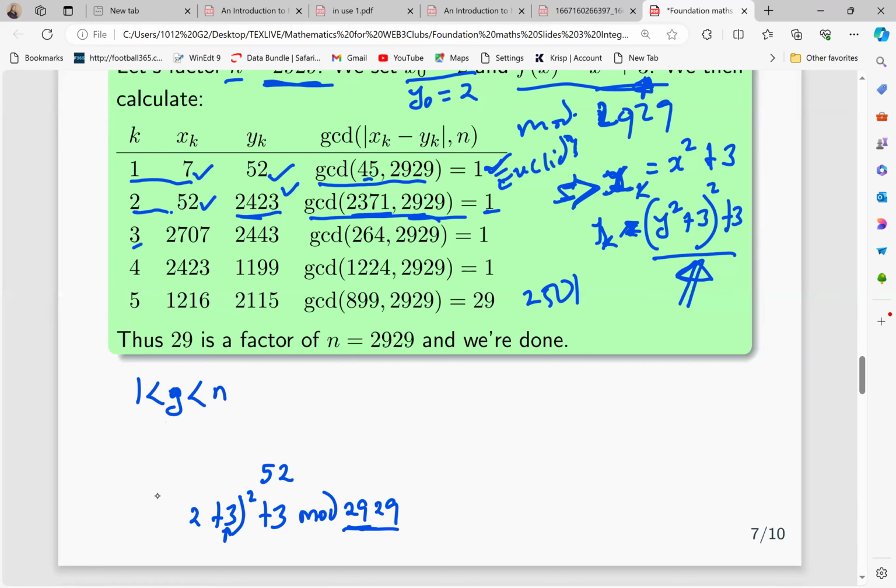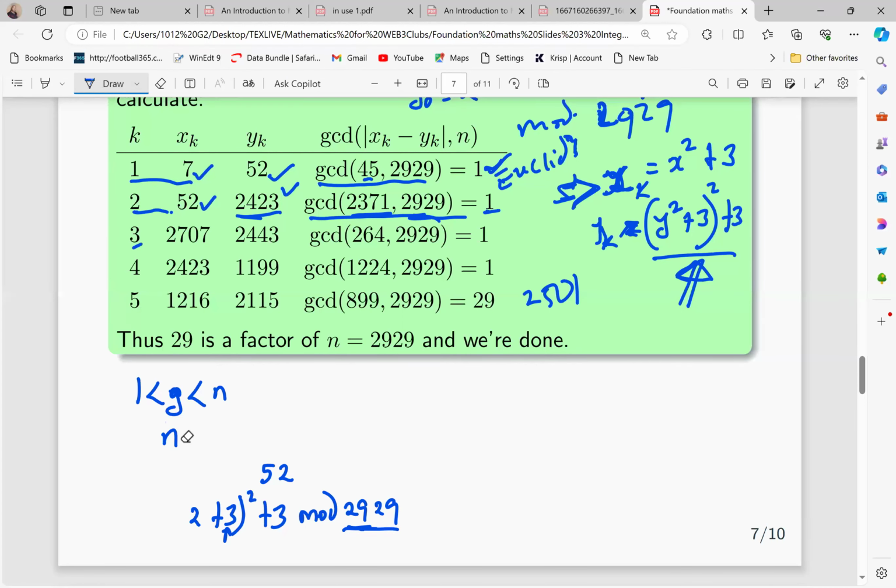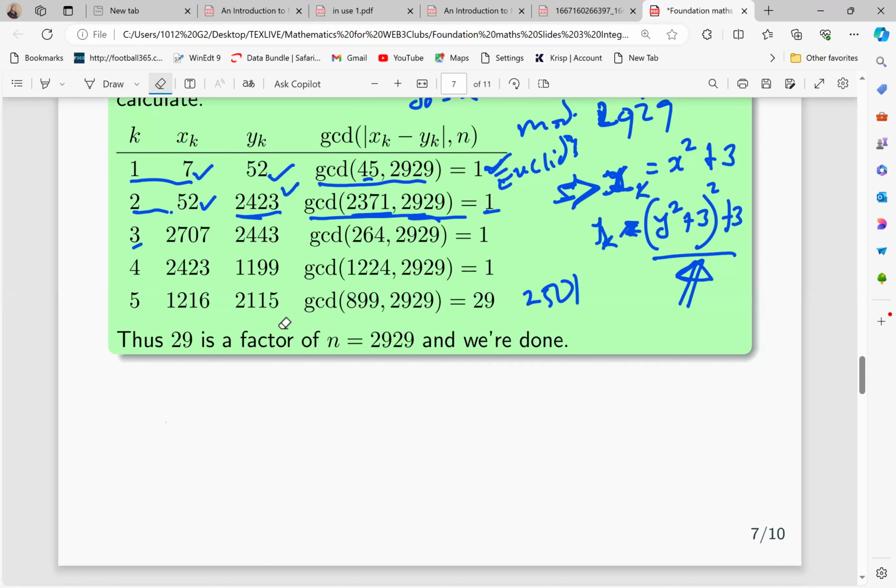If we find that the value we get is n, it means we begin afresh, setting our initial conditions properly, because the program will have failed. So we found our GCD to be 1. That means we still have some work to do.